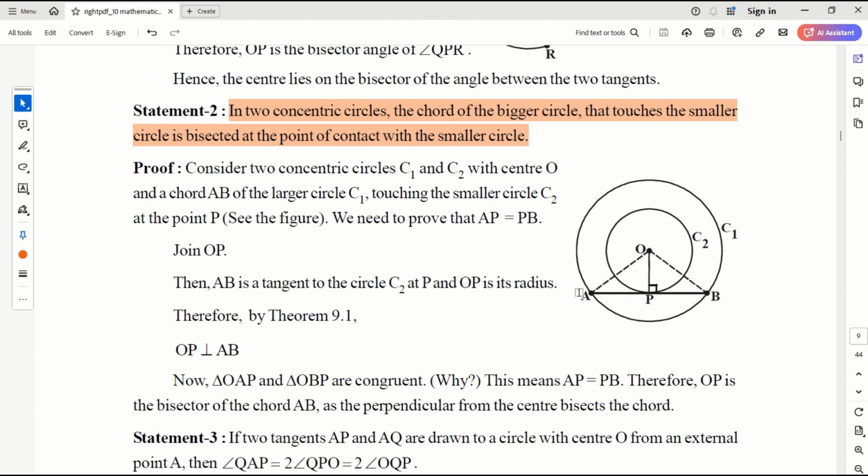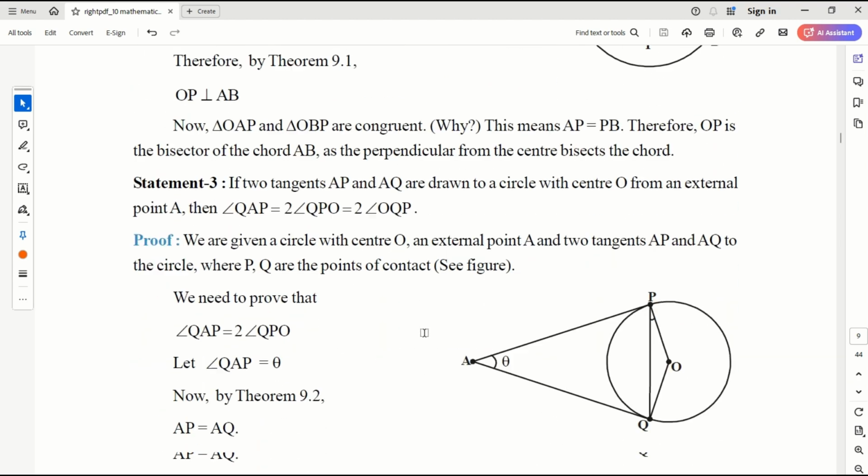OA and OB are also radii of the bigger circle C1, so these two are also same. From all this data, we can easily prove that these two triangles are congruent, which means AP equals PB, which means P divides AB into two equal parts. It bisects basically. Now another statement.